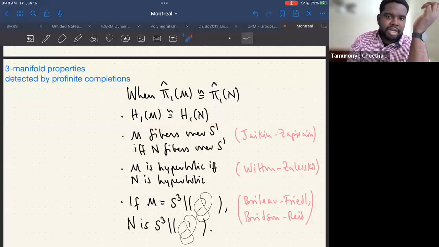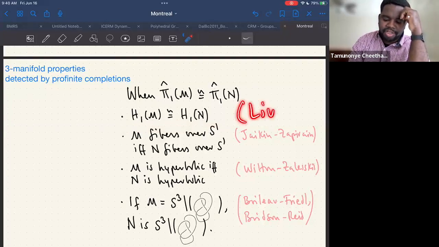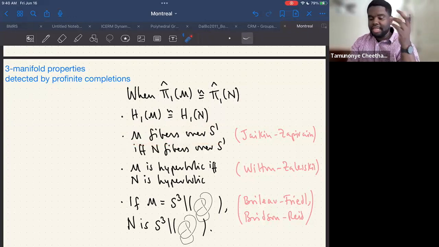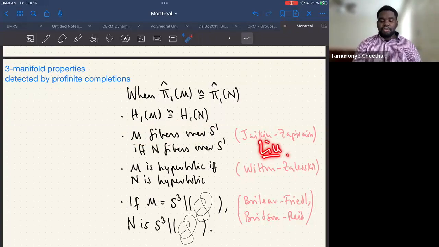But right now we even know much stronger things because of work of Liu. We know that when M fibers over S1 and N fibers over S1, and they have the same finite quotients, then the fibering is detected, as originally due to Jaikin-Zapirain, and in a stronger way to Liu. There's also the detection of hyperbolicity by Wilton-Zalesskii, and this we think of as a profinite analog of the geometrization theorem.